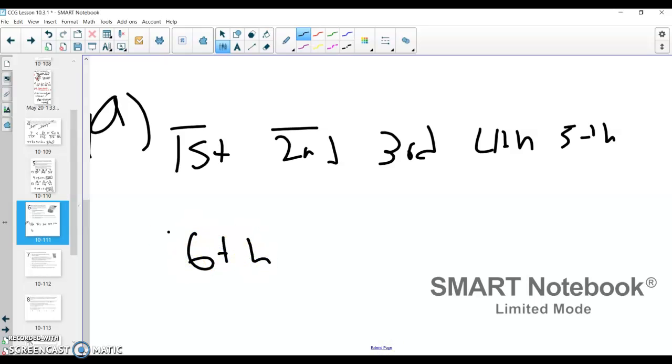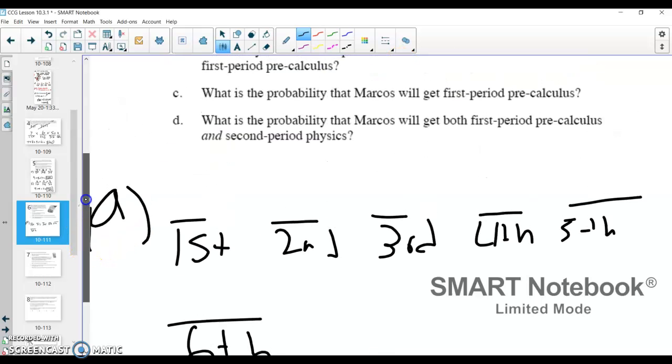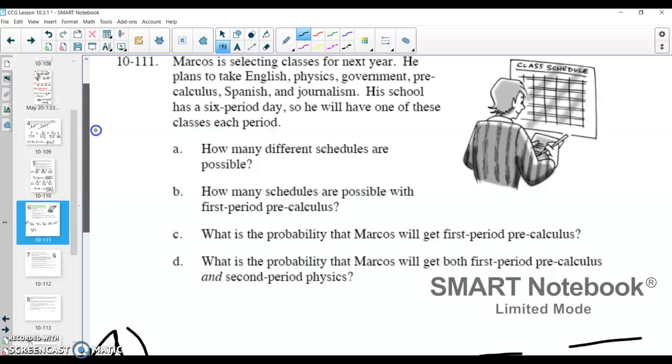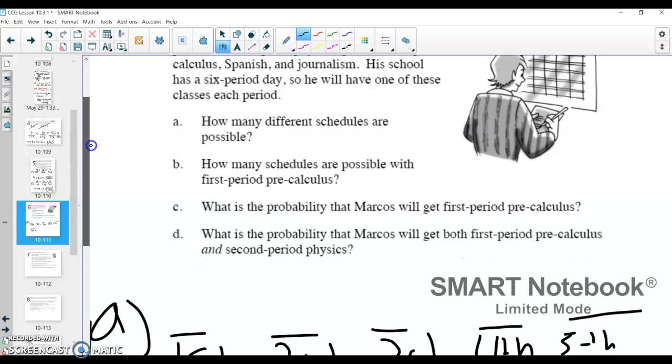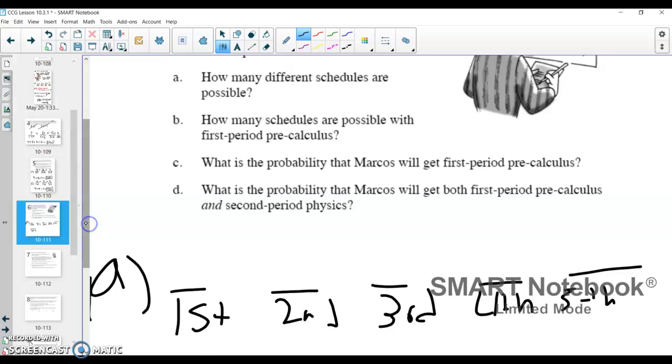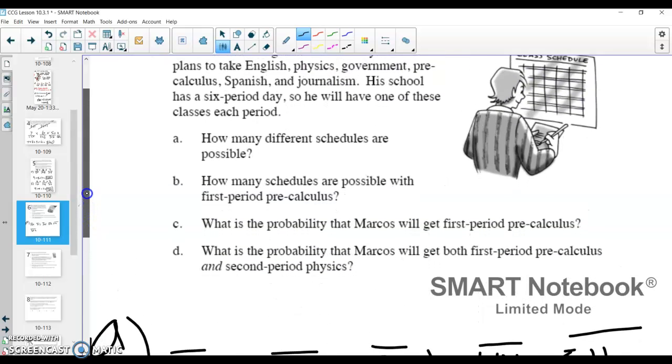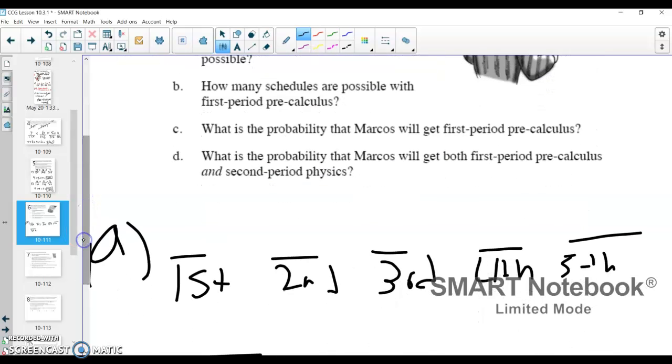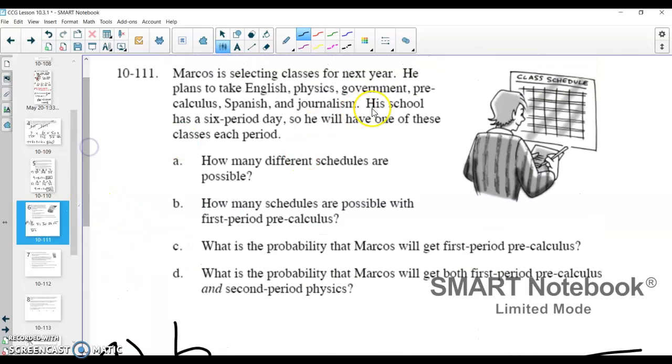Sorry for running out of room. And that's a decision, because there needs to be a decision made for each period of the day. For the first period of the day, there are 6 classes that are choices. All 6 classes can be choices. You have English, physics, government, pre-calculus, Spanish, and journalism.